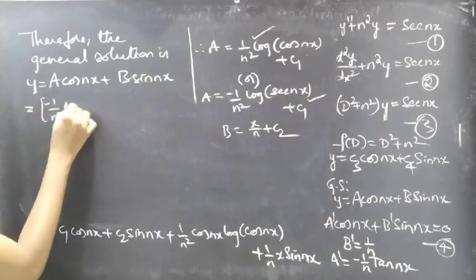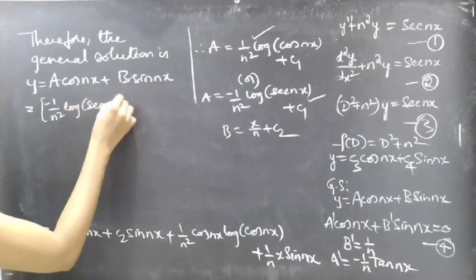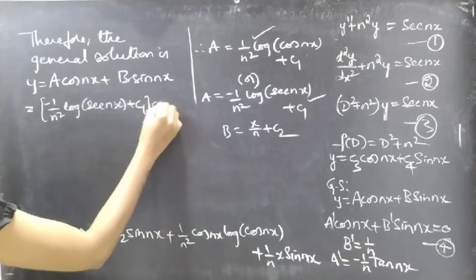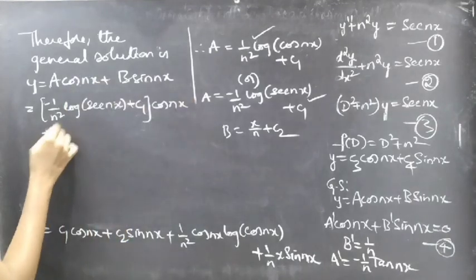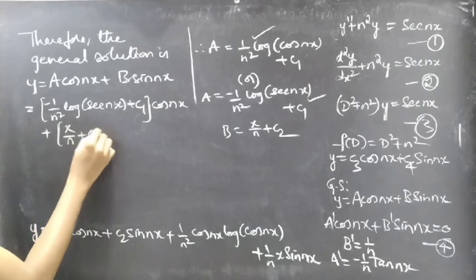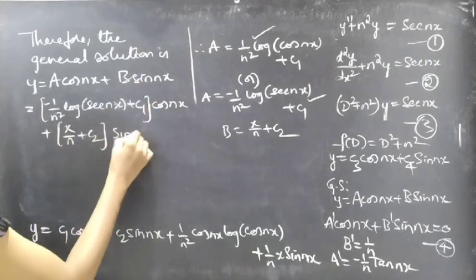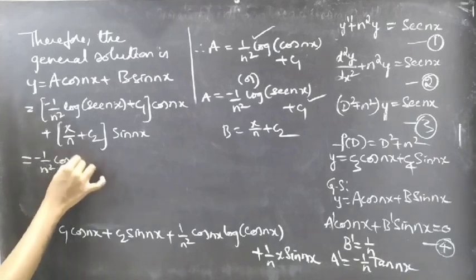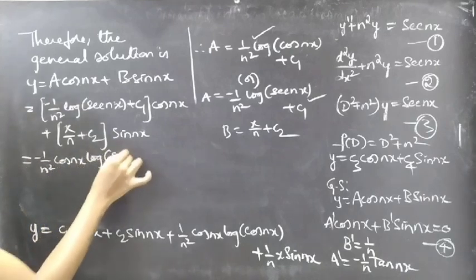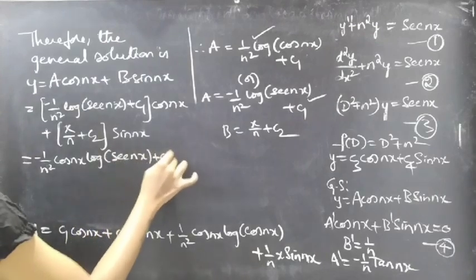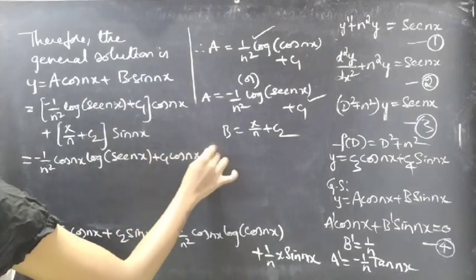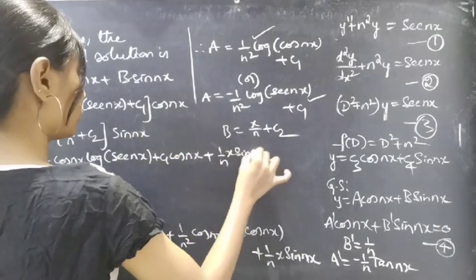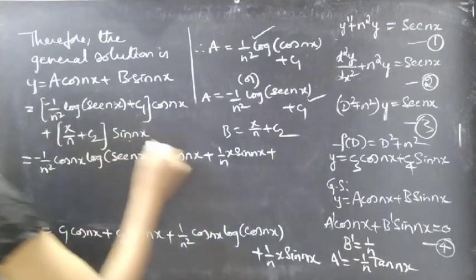Or we can take the second one, then you'll get minus 1 by n square log of secant nx plus c1 into cos nx plus b, x by n plus c2, into sin nx, which gives us minus 1 by n square cos nx log of secant nx plus c1 cos nx plus 1 by n x sin nx plus c2 sin nx.